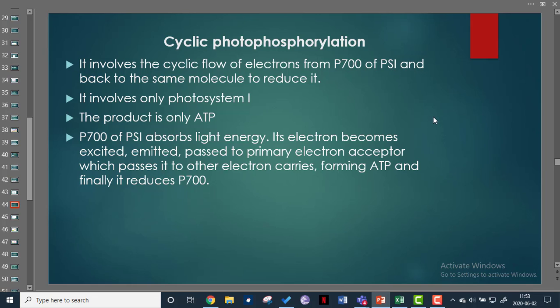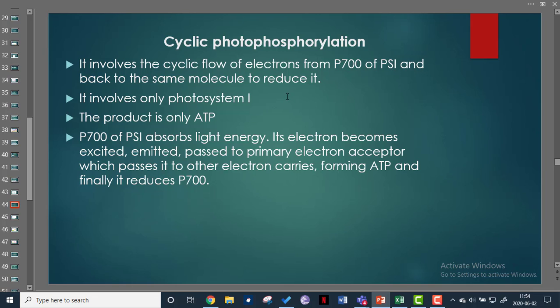Now, in cyclic photophosphorylation, there is a flow of electrons in the form of a cycle, and this occurs in photosystem 1, meaning that the electrons from photosystem 1, once released, flow back to replace themselves after they have lost the energy in the electron transport chain.